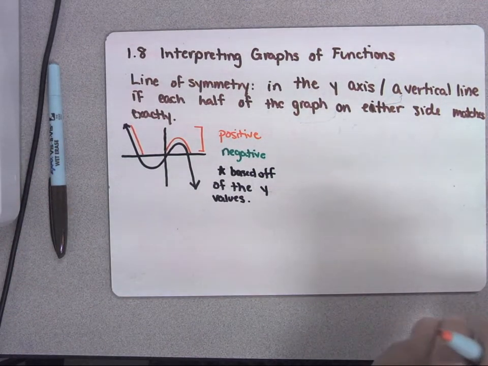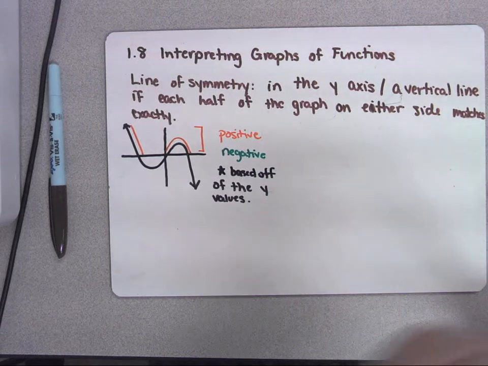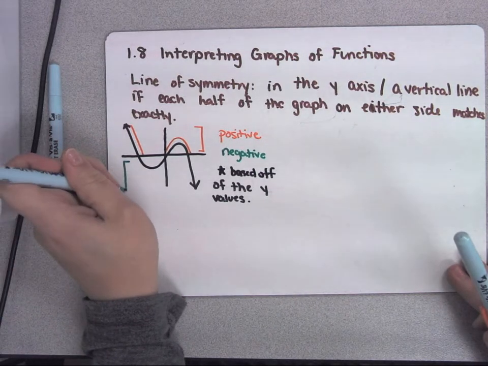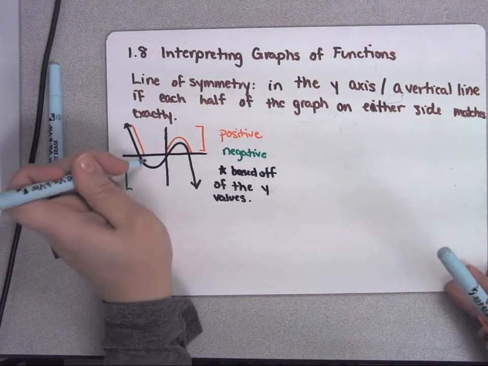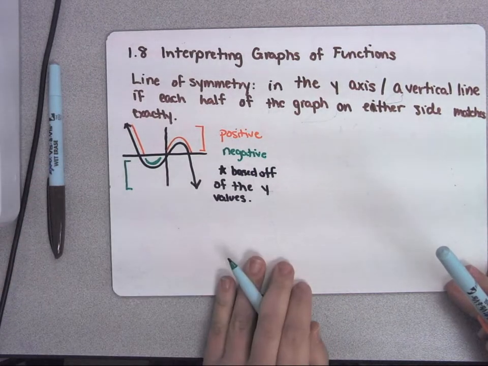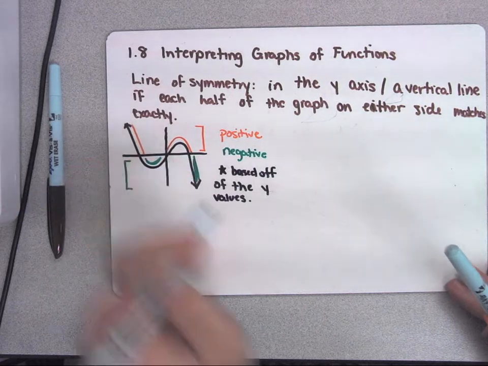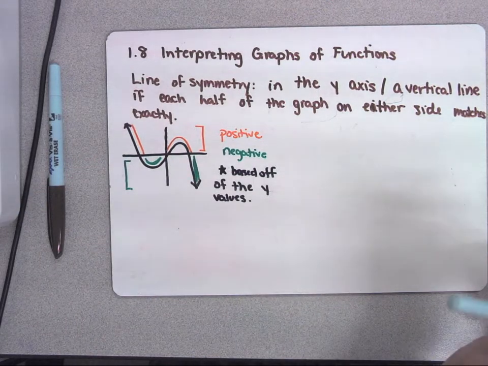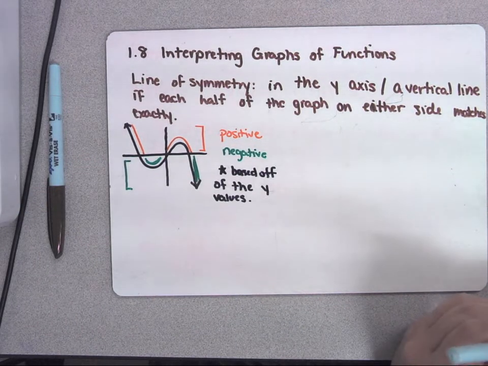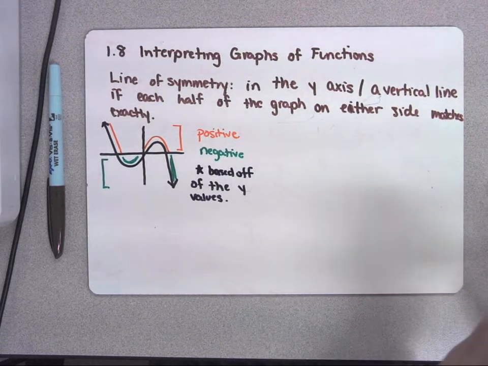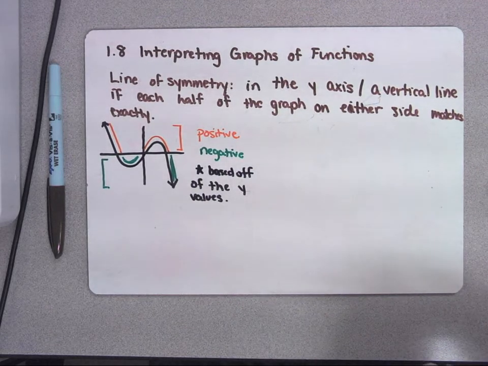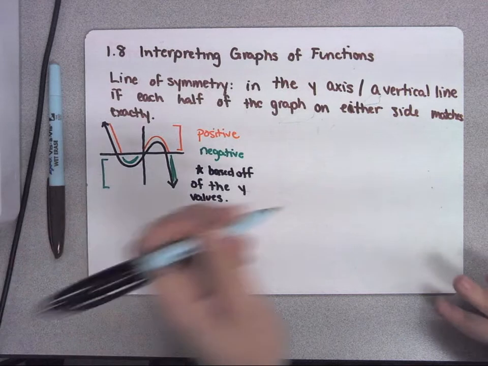And then the negative stuff is everything below, but more specifically, this loop is negative, and this little tail guy down here is negative. I apologize in advance for my lack of warning about the colors. Okay, so you're going to have to be able to write or draw a picture and show that something is positive or negative.